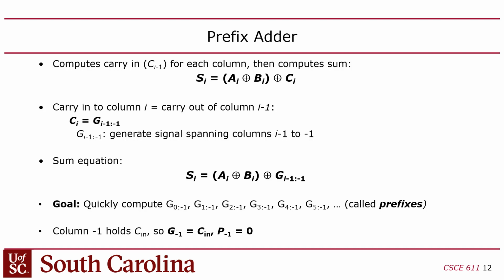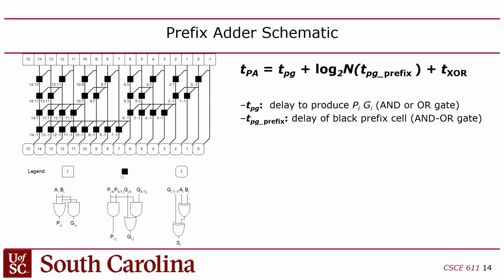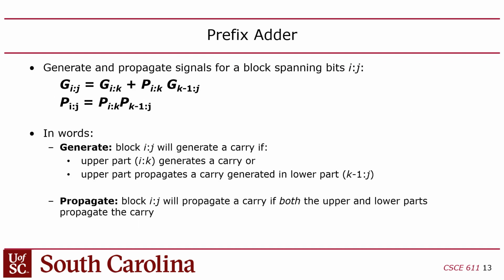So the idea is that you can build up these blocks by combining together 2 other blocks. If you have a range of bits, i down to j, that you want to calculate the propagate or generate for, you can build it up from 2 sets of bits, which would be i down to k and k minus 1 down to j, right?